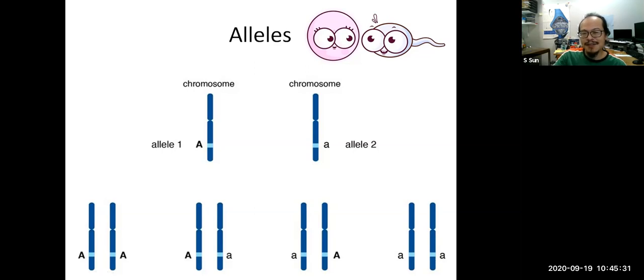Now, if these two are different, this is called heterozygous. We will talk about that. If these two are different, they have to fight, and one will win. The one which wins is called dominant. The one which loses is called recessive.